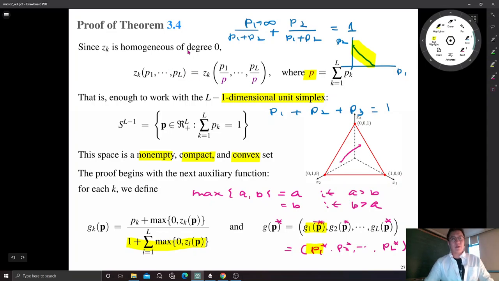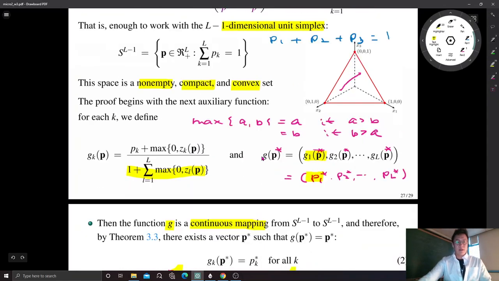So we start with a normalization, and you may have to think about why this normalization is necessary, what this normalization is for. It is for getting a domain that is a non-empty, compact, and convex set. It turns out that after this normalization, the domain is going to be the unit simplex.